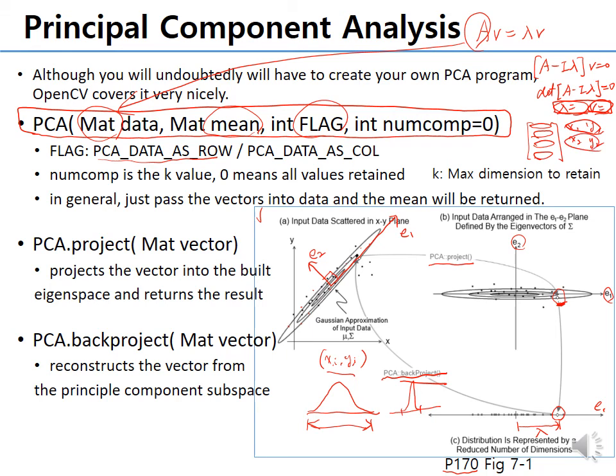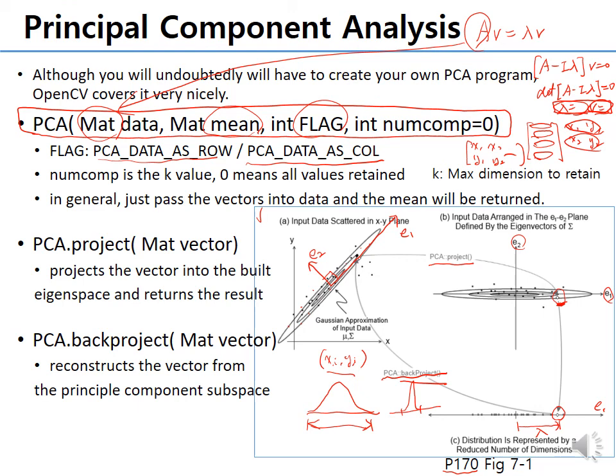Or you can have x1 y1 x2 y2 as a column, this is PCA data as a column. So you can select the flag based on the way you make the A matrix.